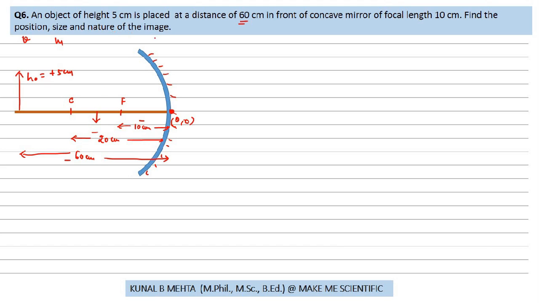The image would be of course real and inverted. So let's apply the mirror formula first. Focal length is minus 10, object distance is minus 60, plus 1 upon v, taking on this side and solving further.